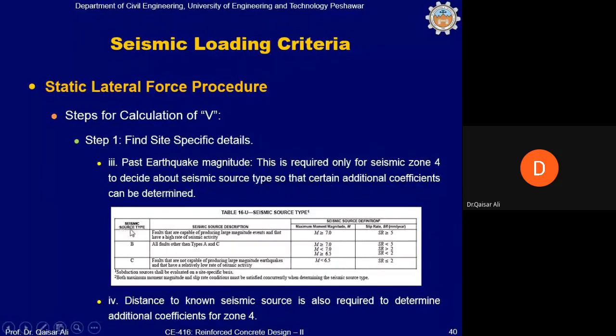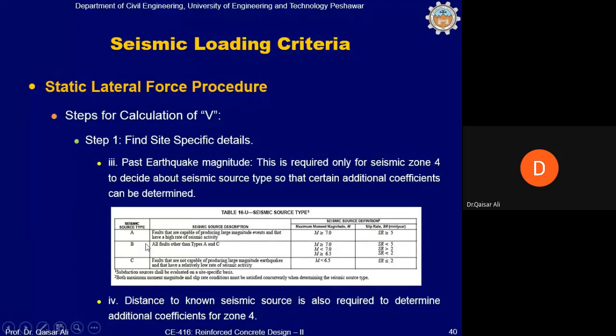A seismic source type A will be that seismic source which can produce earthquakes with magnitude 7 or larger, and the slip rate of the tectonic plate is 5 millimeter per year. So they are classified as seismic source type A, seismic source type B, similarly seismic source type C. They are classified according to the maximum moment magnitude which has occurred in the past or is expected in future, and the slip rate.